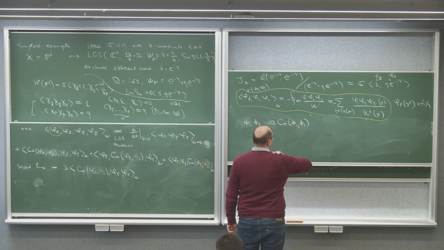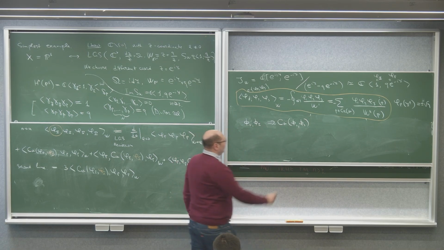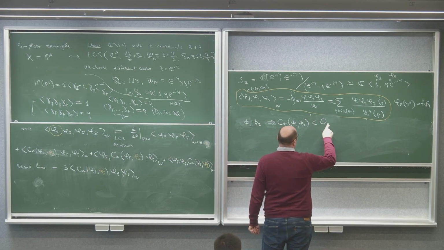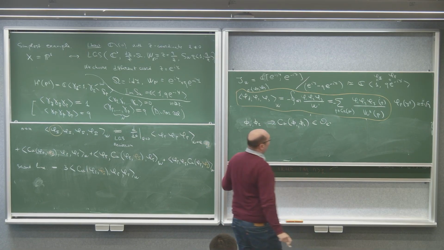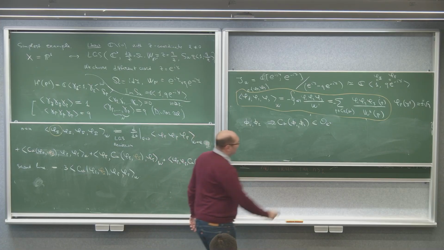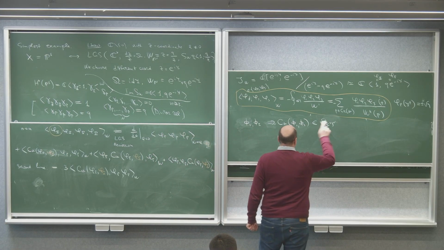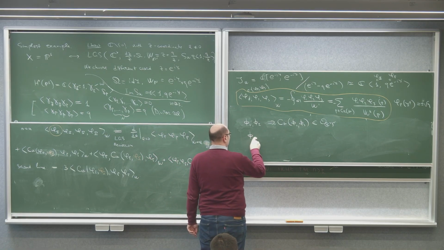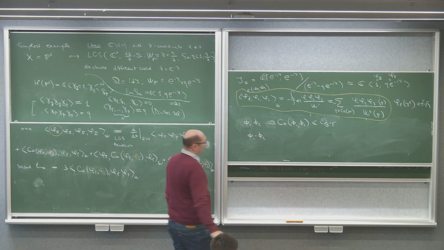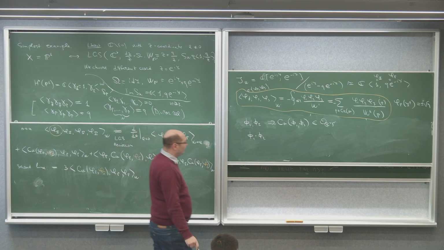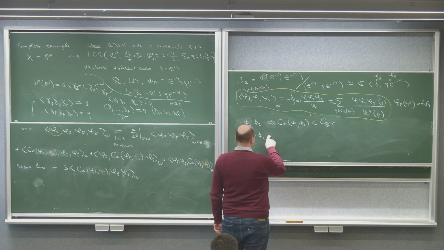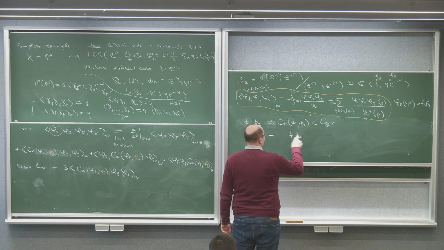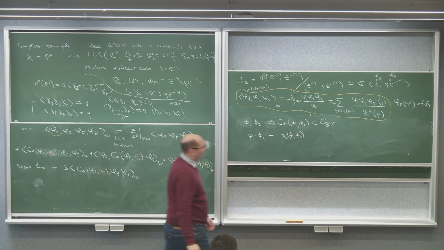For this pair of functions, we define another function, the contact term of phi_1 and phi_2. That is also a function on (C star) to the power n, and the rule was the following. First, we take a product of these two functions. The product of holomorphic functions is also a holomorphic function. Then we do the following: for a product of holomorphic functions, we can evaluate its class in the Jacobi ring.